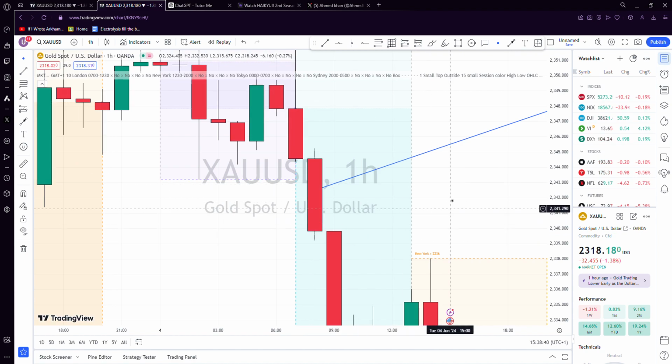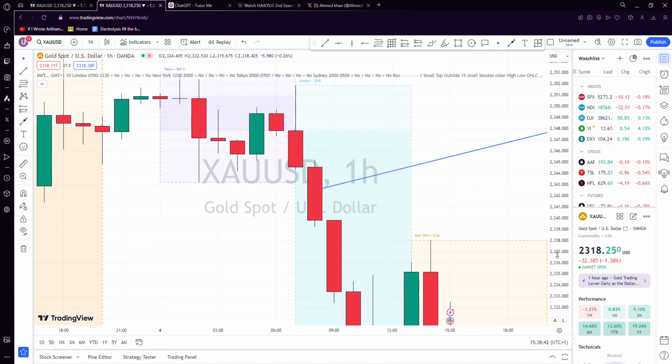And then something else we call a fair value gap is the gap between two candles in the middle candle. On a bearish move, the fair value gap is on this middle candle. The top of the fair value gap is the lower wick of that previous candle, and you draw the box all the way down to the upper wick of the candle on the right side.